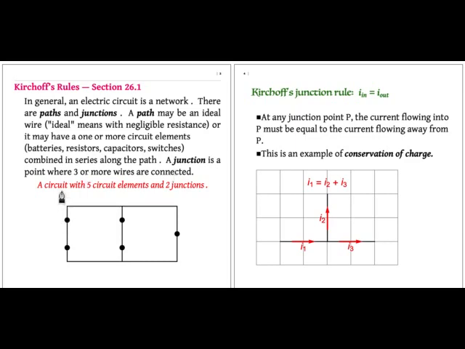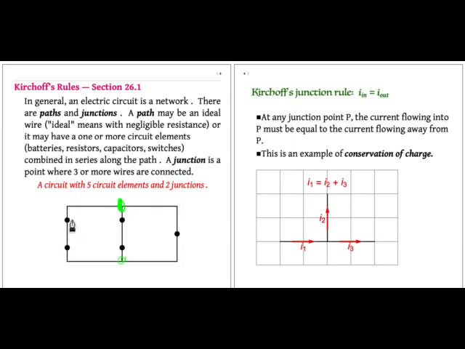So here's an example. This is a circuit with 5 circuit elements and 2 junctions. So here are the 2 junctions. And the paths are paths from one junction to another. And here's a path which has 2 circuit elements on it.